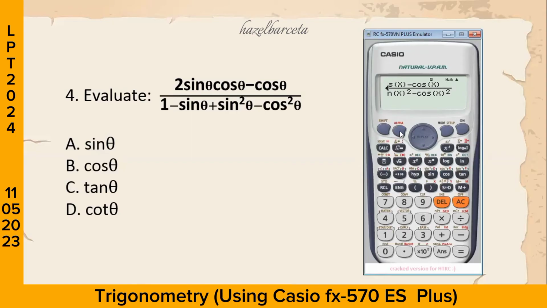Sa mga ganitong problem po na simplify, evaluate, lowest term, simplest form, dito po natin gagamitin ang trigo identities. But since we are using calculator techniques, hindi na po natin siya ipapakita pa dito. Okay, so nakasave po tayo ng time, pero yun po talaga yung dapat na gagawin. Si calculator po ay backup po lamang, huwag po natin kakalimutan.